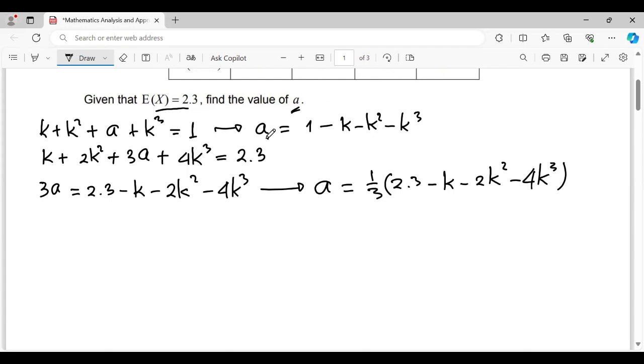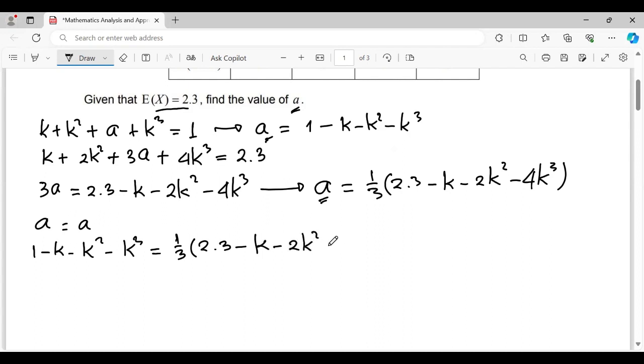Pay attention that a equals a. It means 1 minus k minus k squared minus k cubed equals 1/3 times 2.3 minus k minus 2k squared minus 4k cubed.